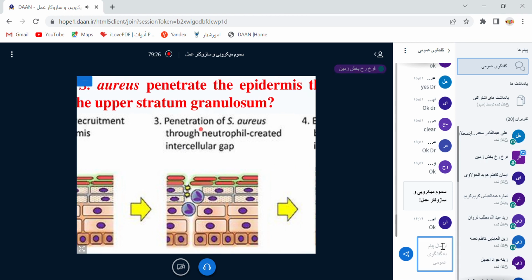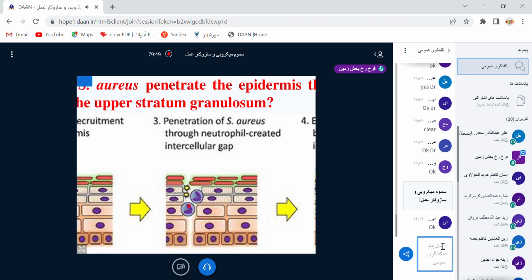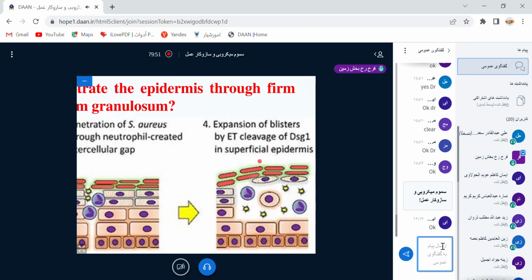Three, penetration of Staphylococcus aureus through the neutrophil-created intercellular gap. When neutrophils are coming, some gaps happen between some cells, and this gap is a good way for bacteria to go to the deeper part and start producing toxin.